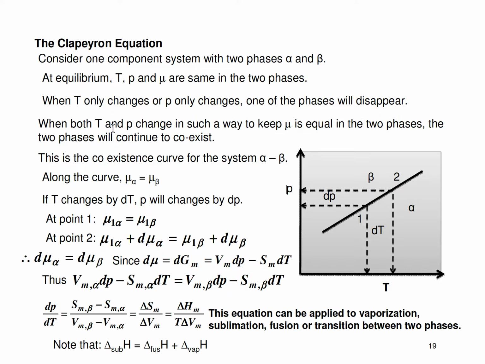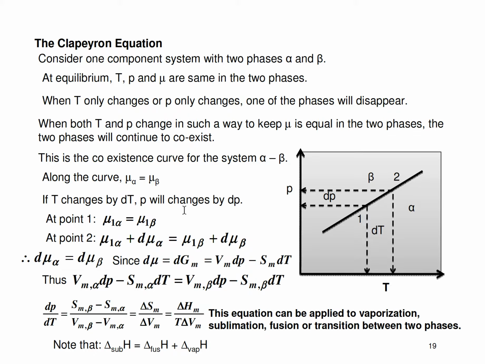However, when both T and P change in such a way as to keep mu equal in the two phases, they will continue to coexist. So this is the coexistence curve for the system of alpha and beta, whereby along the curve, mu alpha equals mu beta.